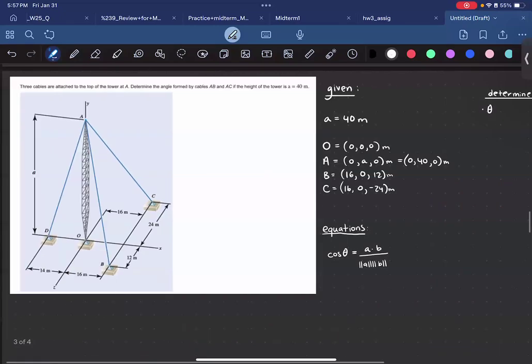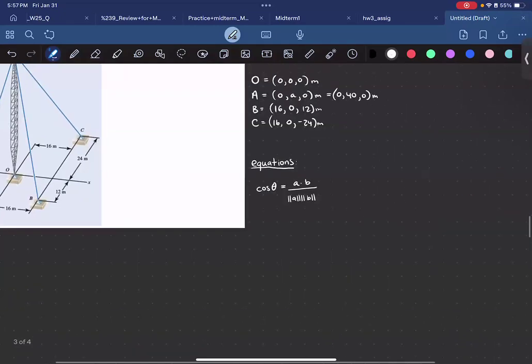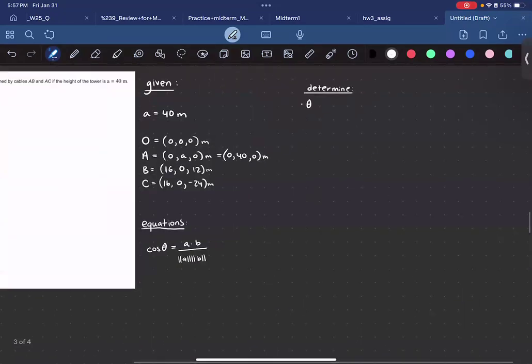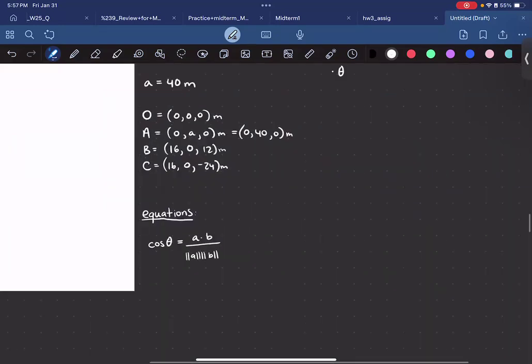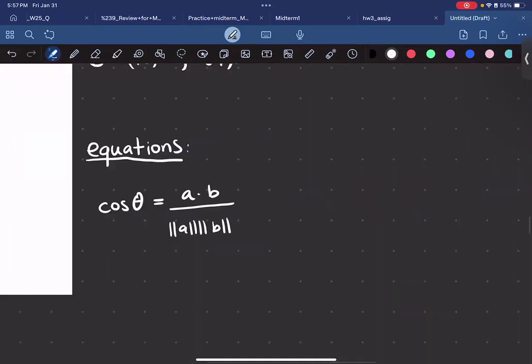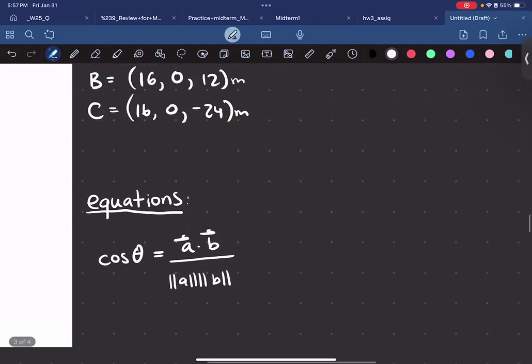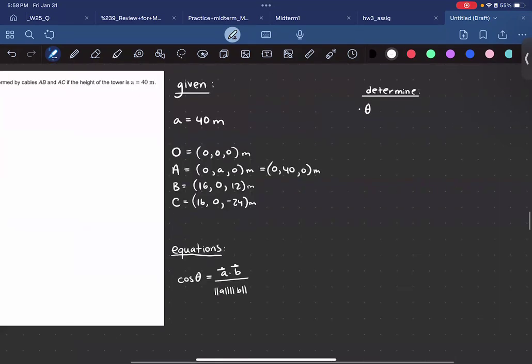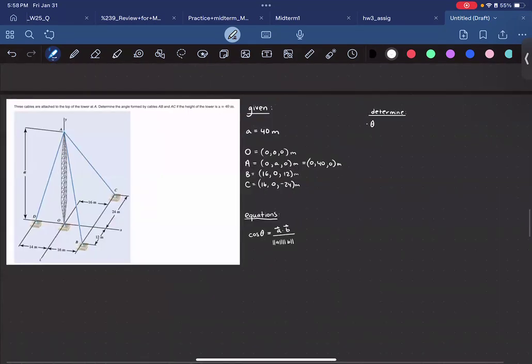But as you can see in the equations that we use, we're given an equation that is very useful for finding the angle between two vectors. It's cosine theta equals the dot product of A times B over their magnitudes multiplied. So we can use this information to find theta.